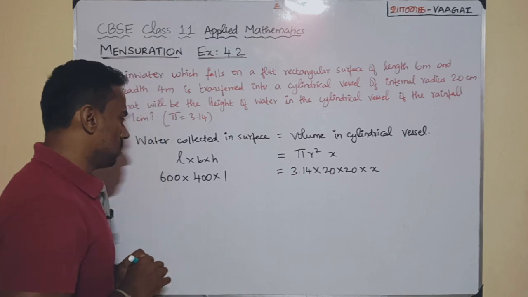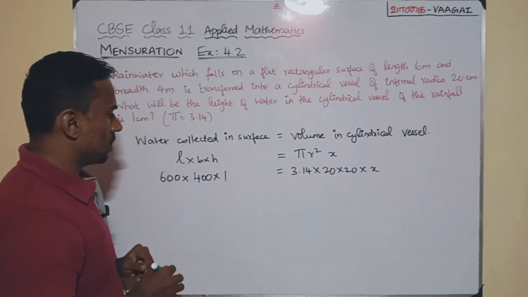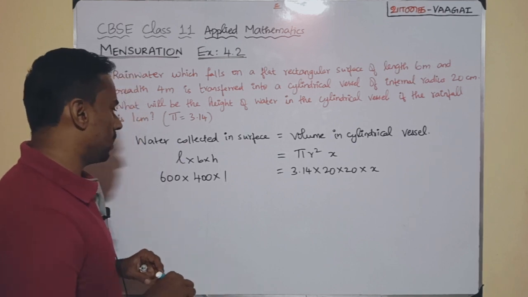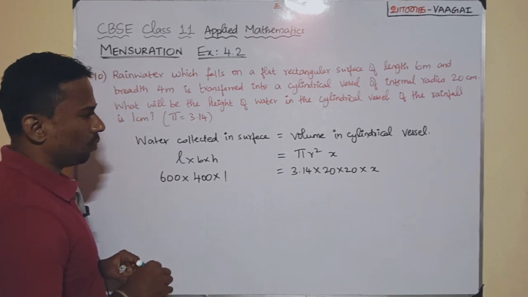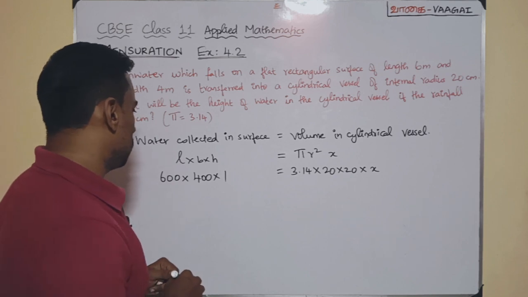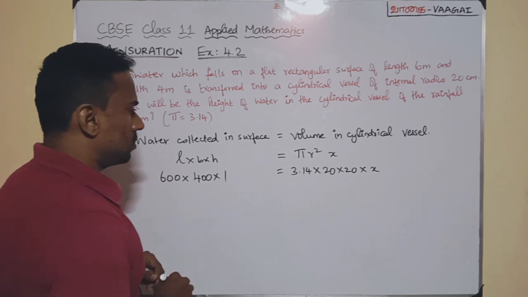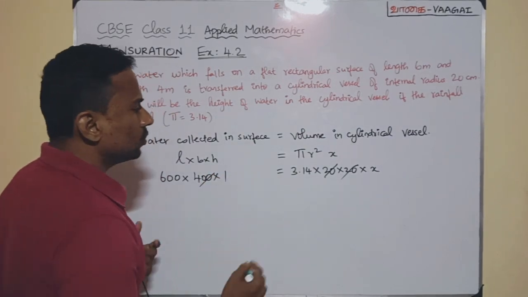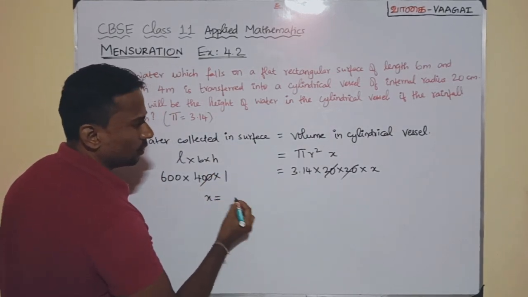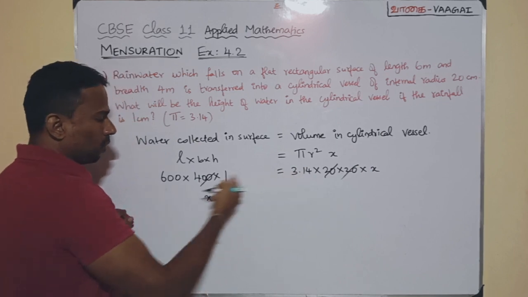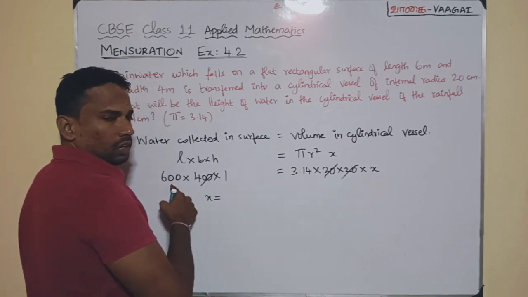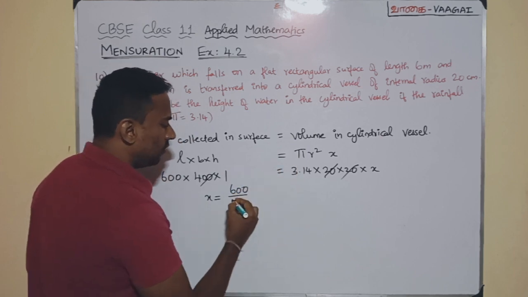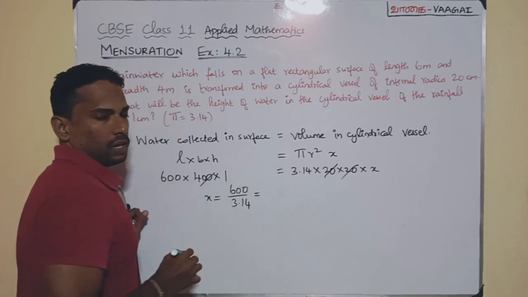Okay, yes. Now first of all, what I can do here is cut the possible numbers. Look carefully. I will cut this 20 into 20 as 400. That's it. So that means I will be getting x is equal to, taking this 3.14 to the other side, 600 into 1, which is 600 only, by 3.14.